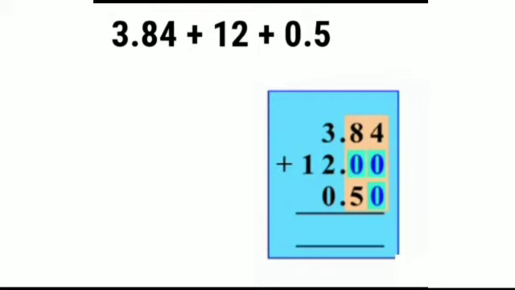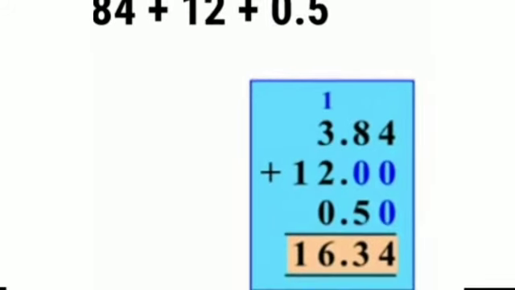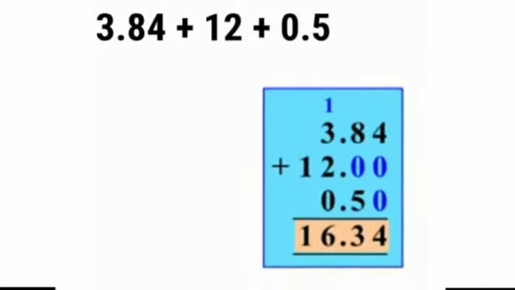We can write 0.5 as 0.50. 4 plus 0 plus 0 is equal to 4. 8 plus 0 plus 5 is equal to 13. 3 remains, 1 carry on. 3 plus 2 plus 0 plus 1 is equal to 6. Bring down 1. Hence, 3.84 plus 12 plus 0.5 is equal to 16.34.